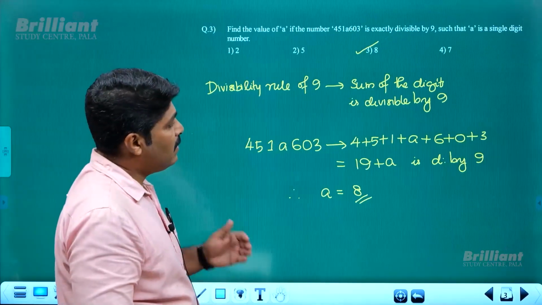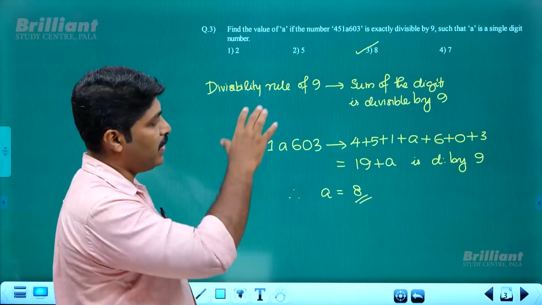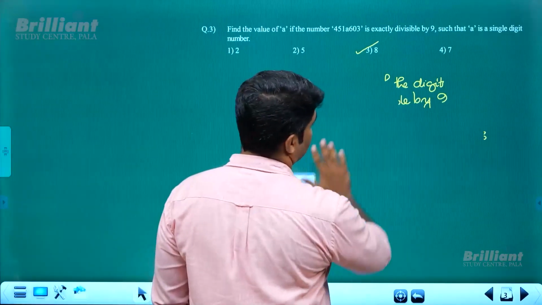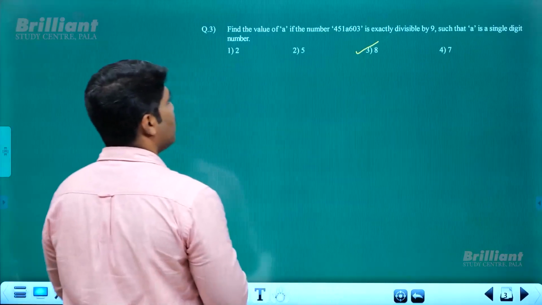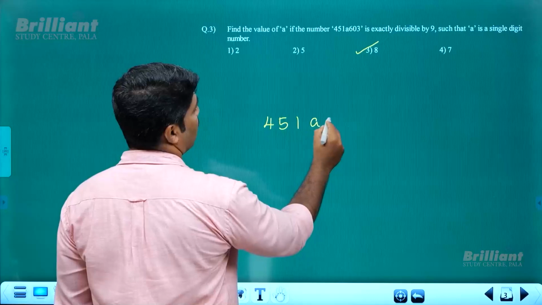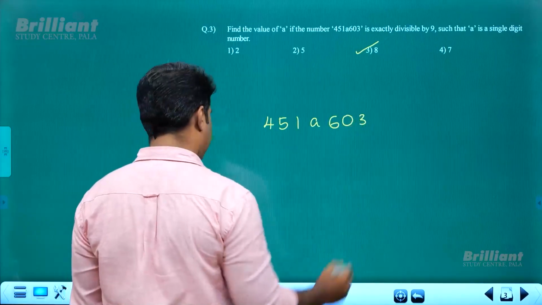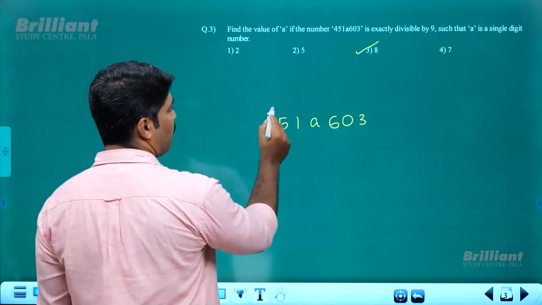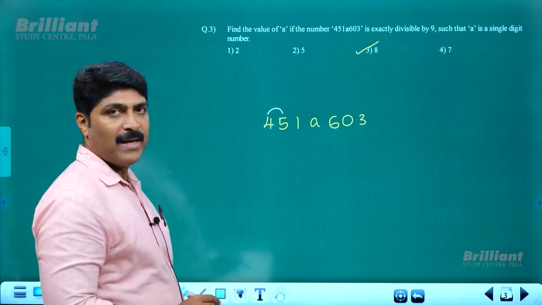While doing this type of question, instead of doing the operations in a lengthy way, there's a concept-clearing shortcut. We know the concept here. Observing 451A603, this 4 and 5 make a 9.